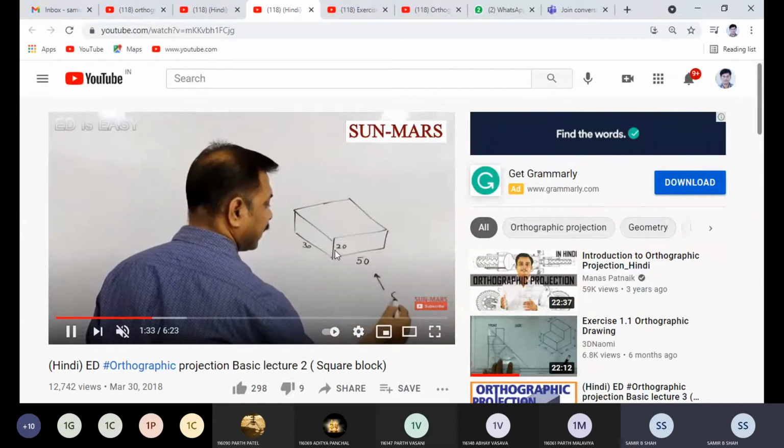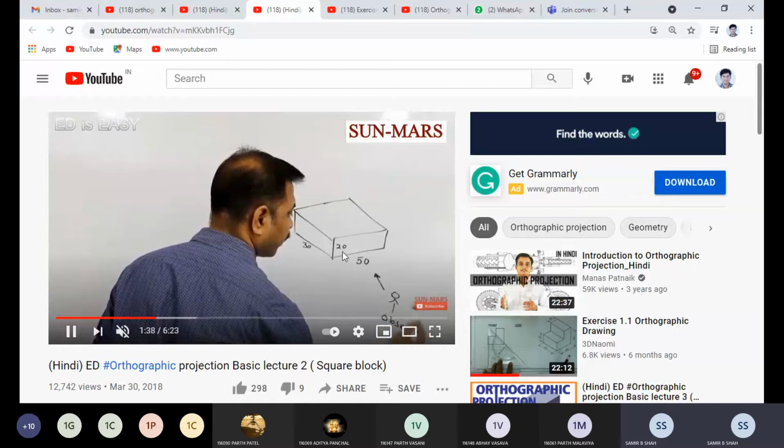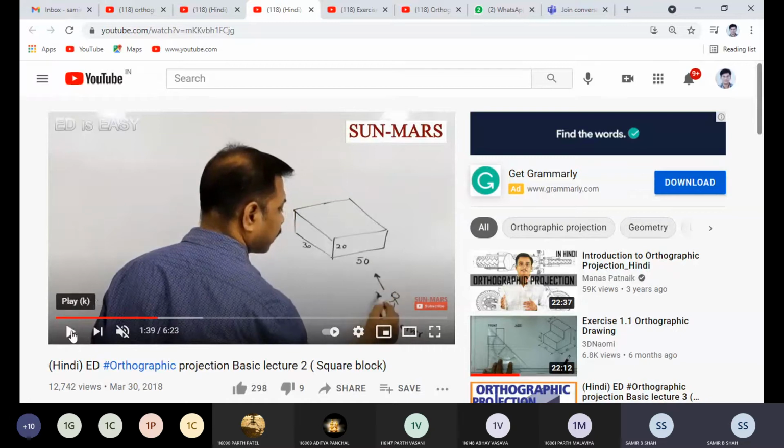Its length is also given to you, and the arrow is given to you. So it means that this is the front view, right? Now tell me first, what will be its length and what will be its height. As per the diagram we can directly understand that this is the length and this is the height. This is the max, right? And it is given indirectly.